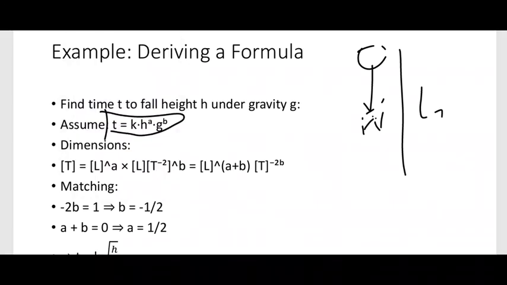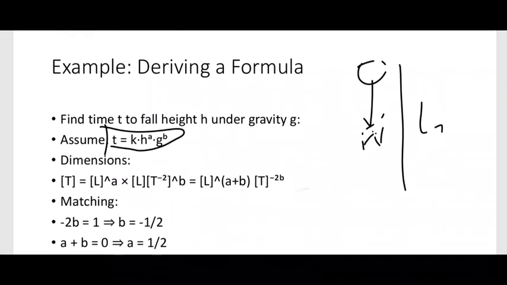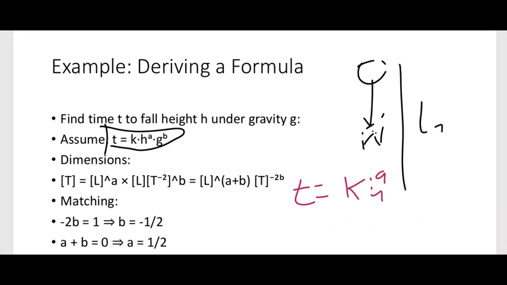So we have this equation: t equals k h^a g^b. This is h, then this is g.